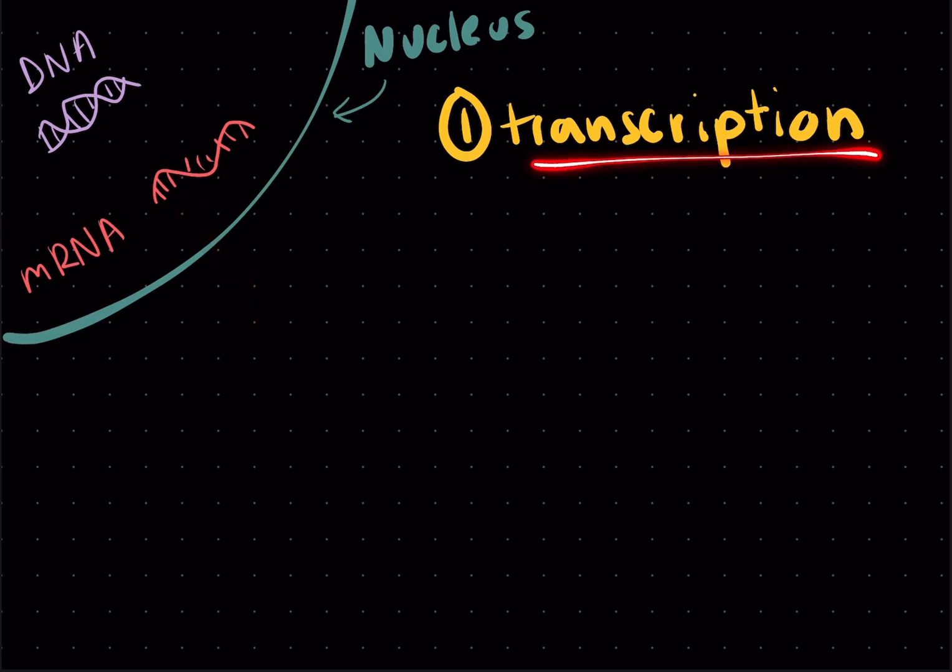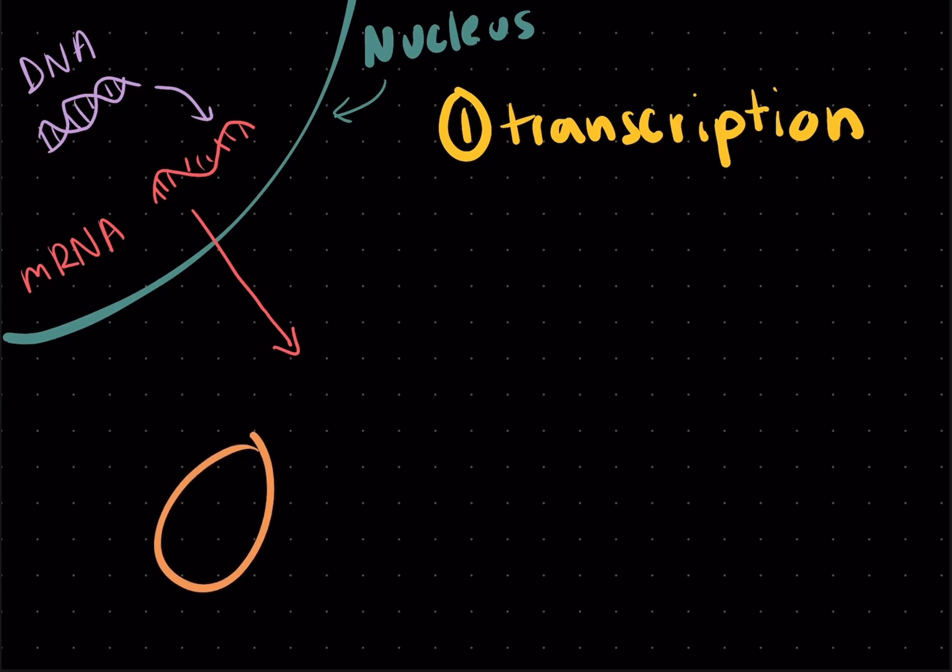And so transcription is when we are actually copying this information from DNA into our mRNA. And then our mRNA strand is going to leave the nucleus and go somewhere called the ribosome.